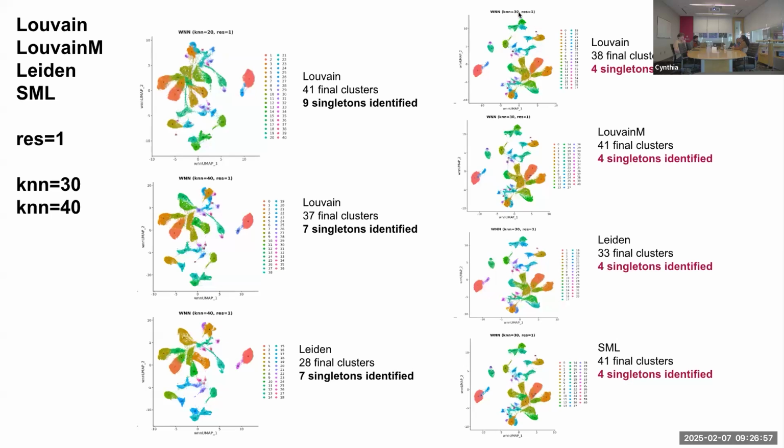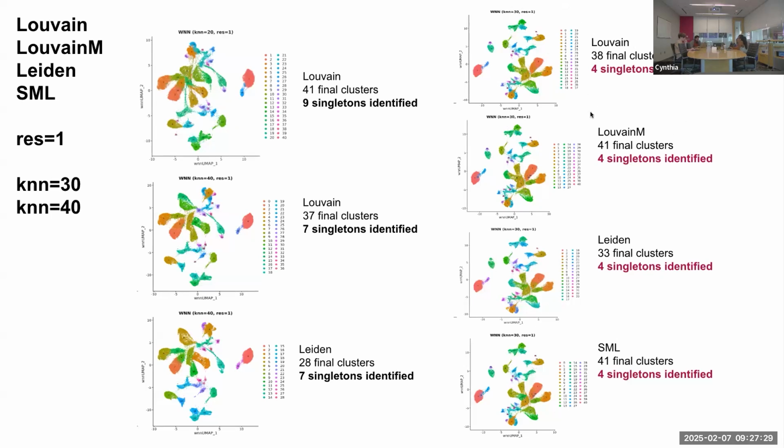So we find that using nearest neighbors, all the clustering methods, it doesn't matter which of them, if it's Louvain, Louvain multi-level, Leiden, or SML, all can keep only 4 singletons identified in the data set. So definitely this tells something about this kind of parameter. At least for all these algorithms that are based on graphs, it looks like they are very sensitive to this kind of resolution.